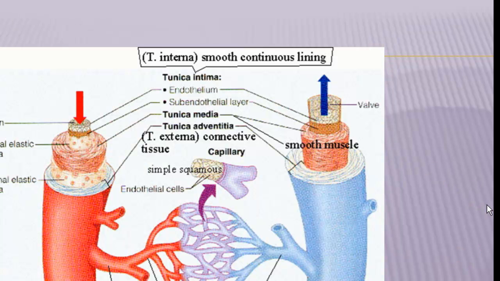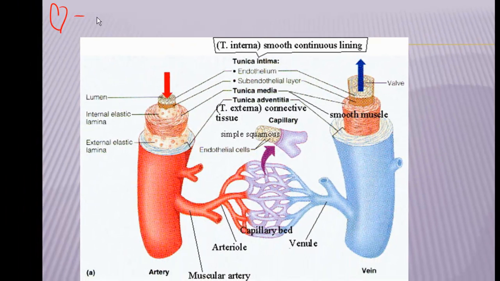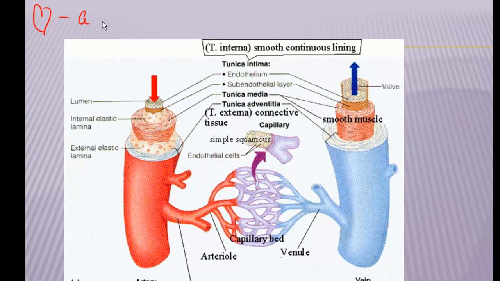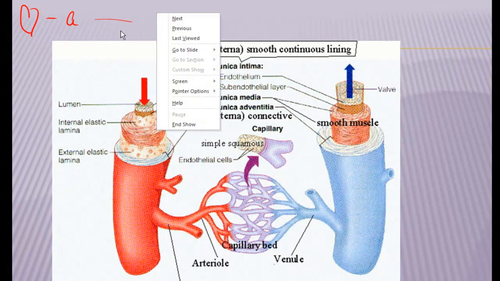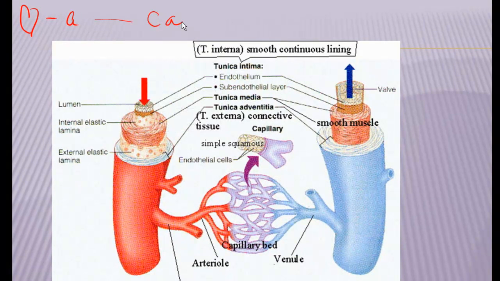So let's go ahead and review the basic structures of our arteries and our veins. Remembering blood flow starts in the heart, goes through the arteries, arterioles, through the capillary beds, where exchange is going to occur.